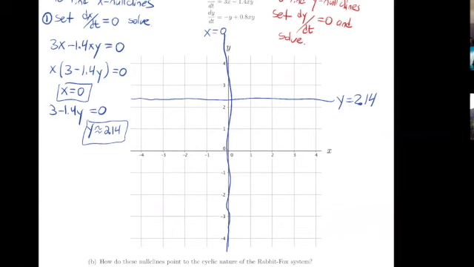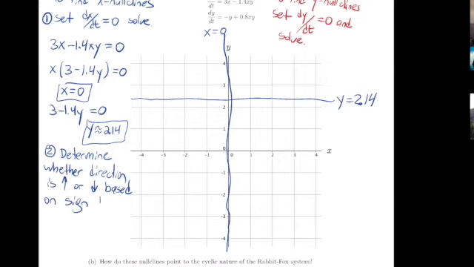And then there's a second step, which is determine whether they point up or down. And we're going to determine that based on the sign of dy/dt.